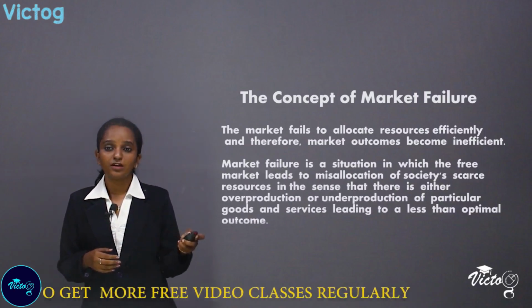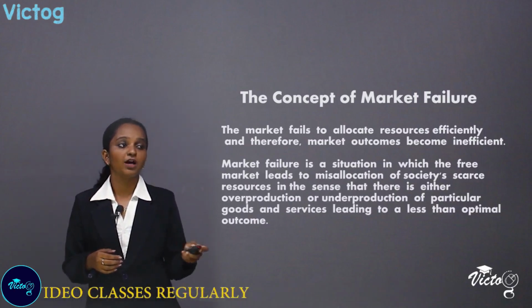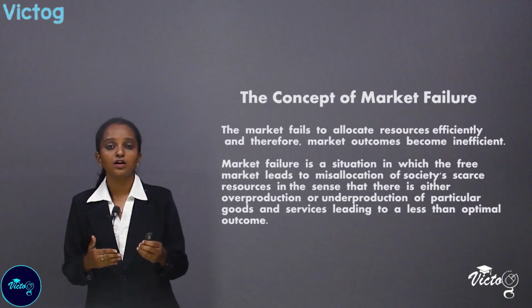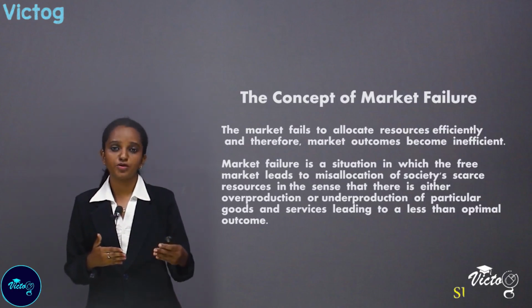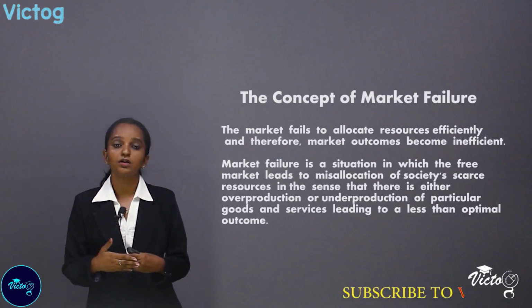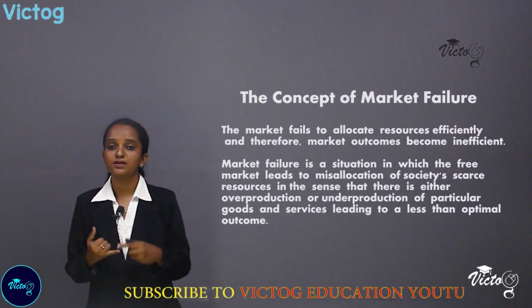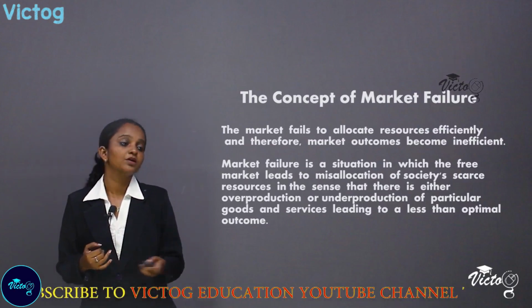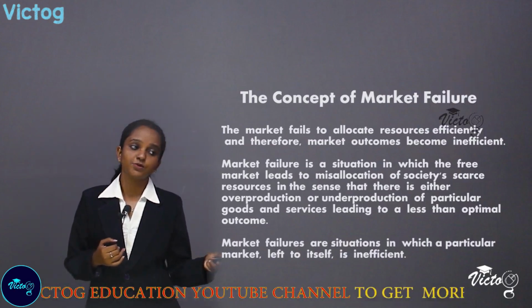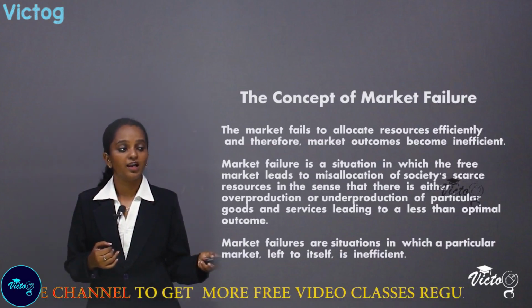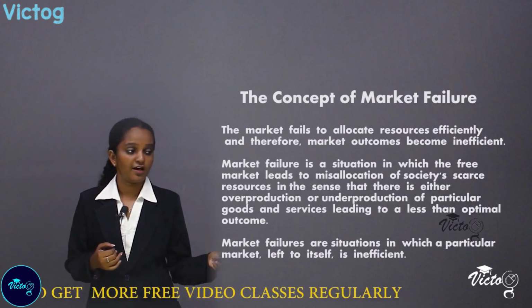So market failure is a situation in which a free market leads to misallocation of resources, which will lead to either overproduction or underproduction in the market, and this will ultimately lead to less than optimal outcome. So market failures are situations in which a particular market left to itself is inefficient in nature.